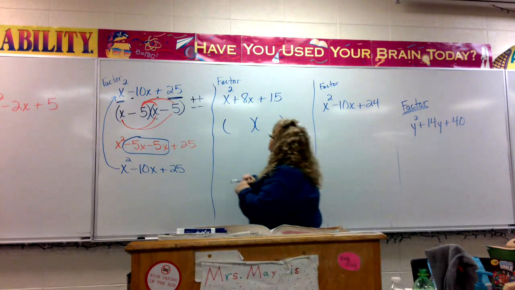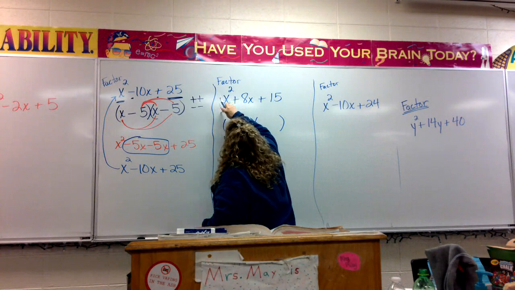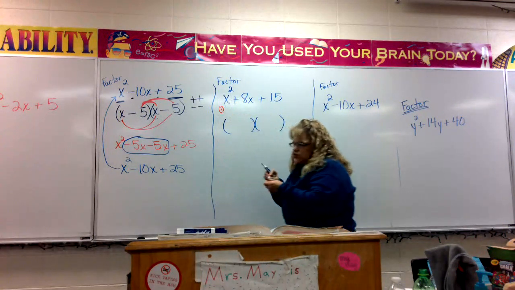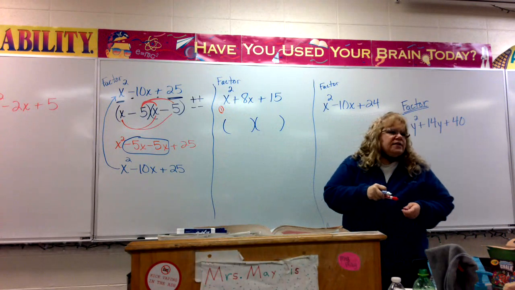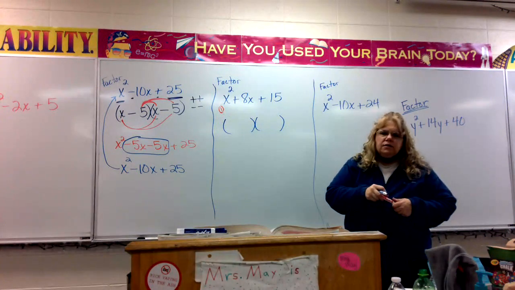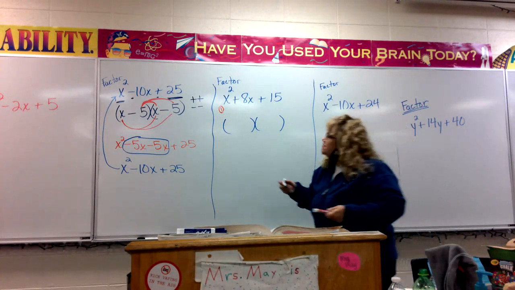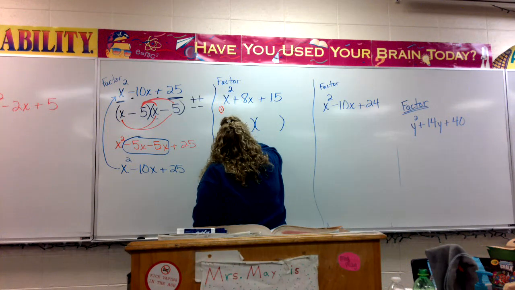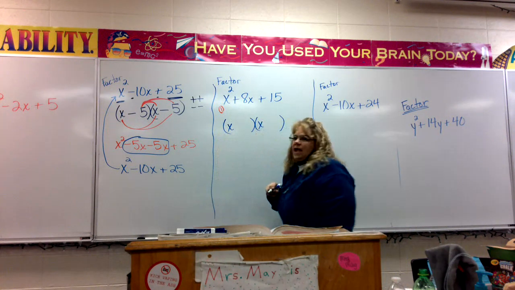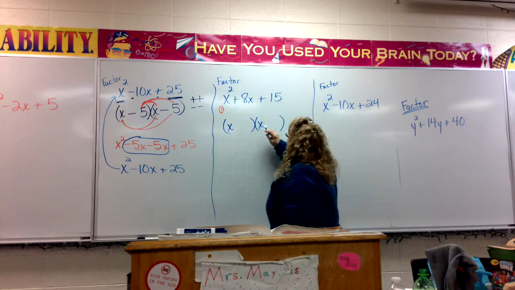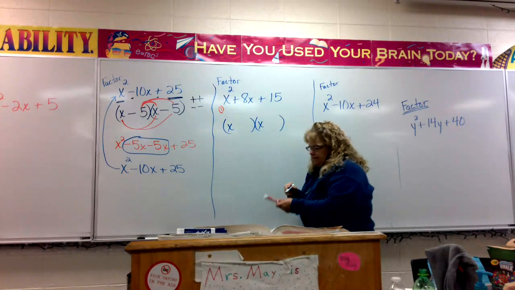You start with this thing right here again. You start right there, x squared. What times what gives you x squared? Has to be x times x. There is no other possibility, right? Has to be x times x equals x squared.